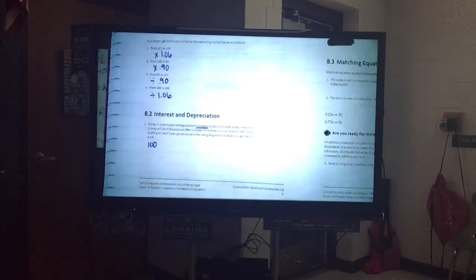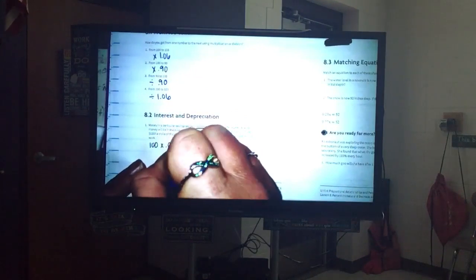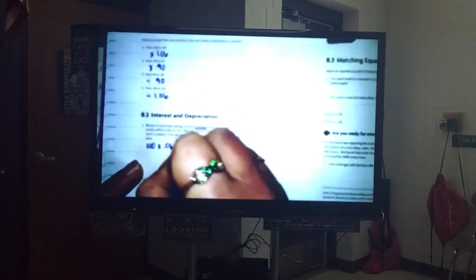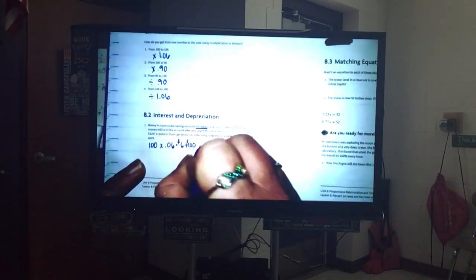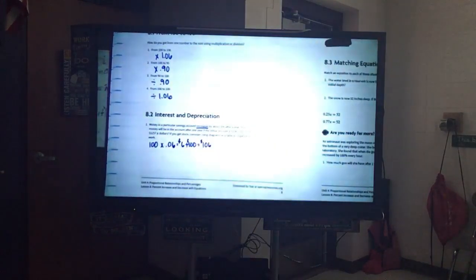No, you have to add this to 100. So for your first answer, 100 times 0.06 equals $6 plus $100 equals $106. Okay, so keep that in mind.